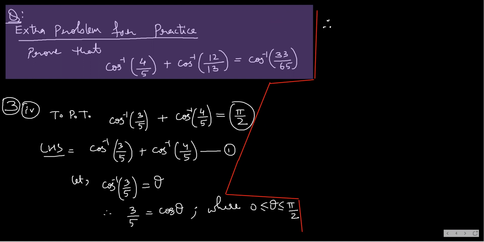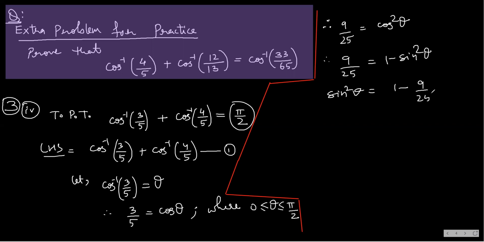So 3 upon 5 is cos theta. Squaring both sides, 9 upon 25 is cos square theta. So therefore 9 upon 25 is 1 minus sine square theta. Therefore sine square theta is 1 minus 9 upon 25.